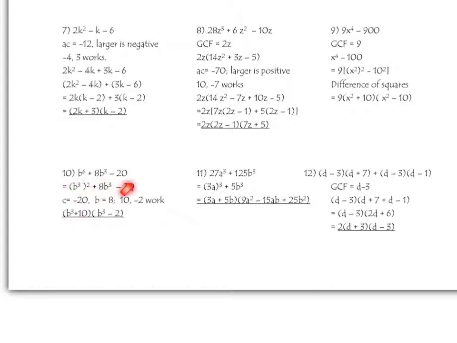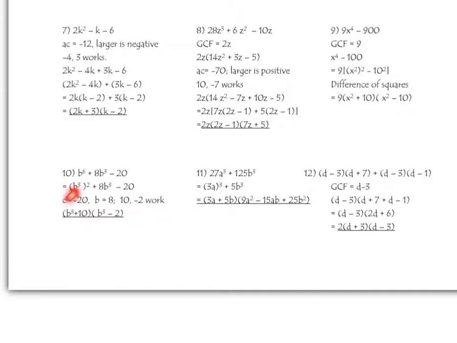In this case, it's the same kind of problem, except do you have any perfect squares? No. What do you have left? You have something squared plus something without a variable. You have a trinomial that you can factor, and your base is b cubed, so you have to be careful with that.